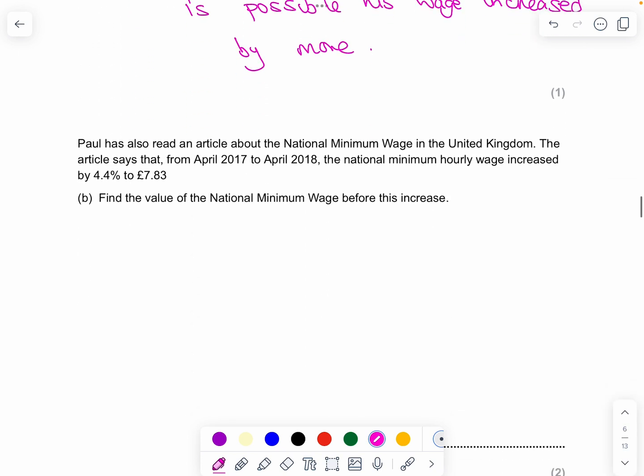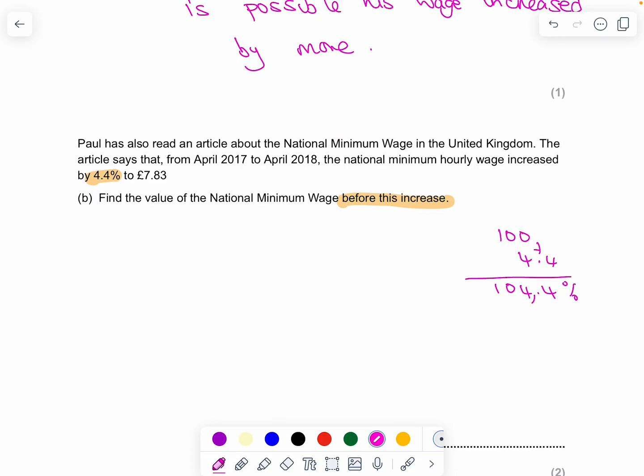Okay, next bit. This was a reverse percentage question because it says work out the value of the national minimum wage before this increase. First of all, we know the increase was 4.4%. So we do 100% plus the 4.4, which gives us in total 104%. Then we turn 104% into a decimal by dividing by 100.